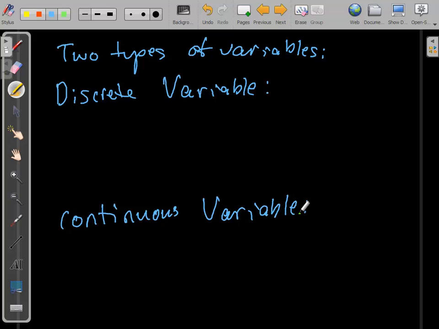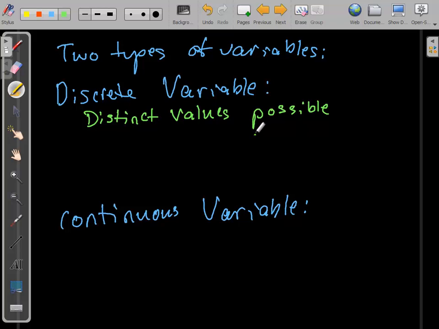All right, so a discrete variable has distinct values possible.